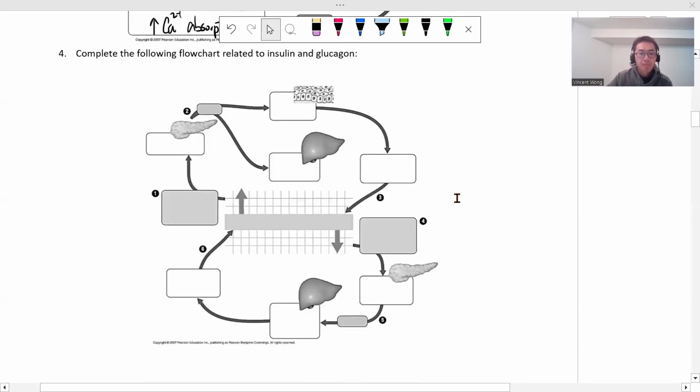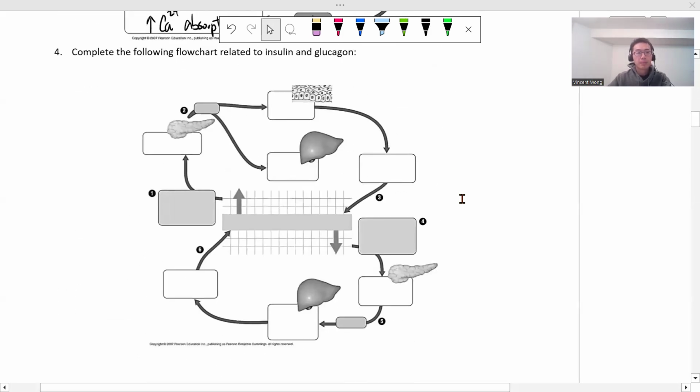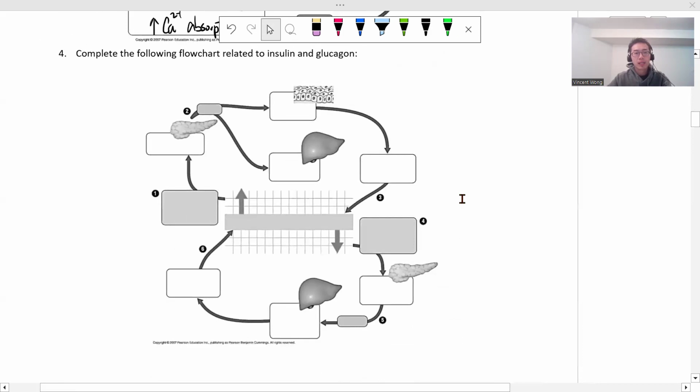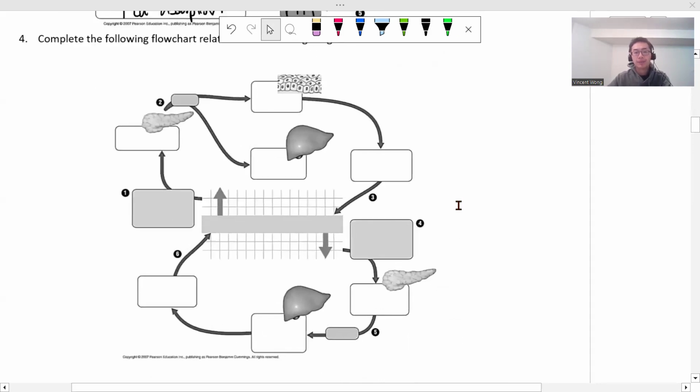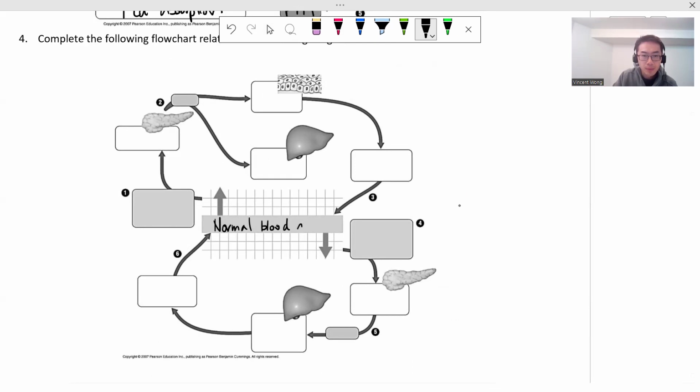Fantastic. Next one. Complete the following flowchart related to insulin and glucagon. So again, in the middle, we have normal blood glucose. This is new. I haven't talked about it in the PowerPoint yet, but I will now.